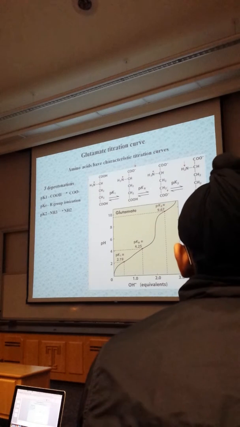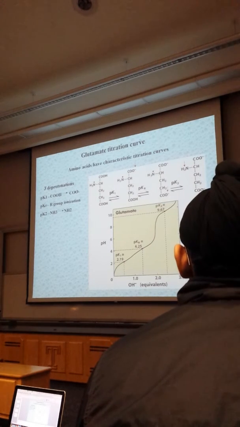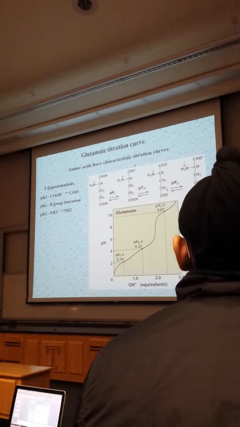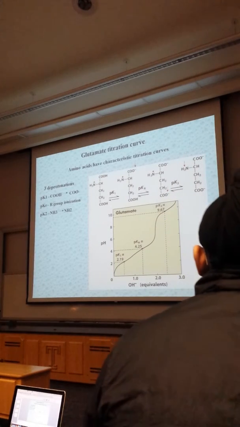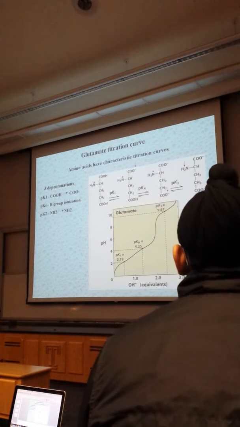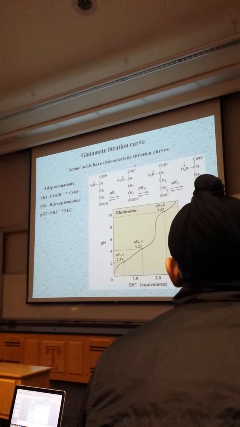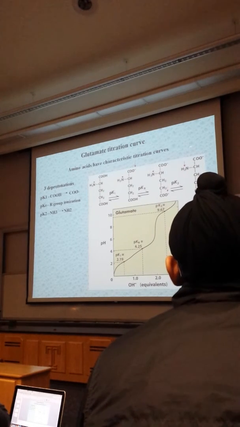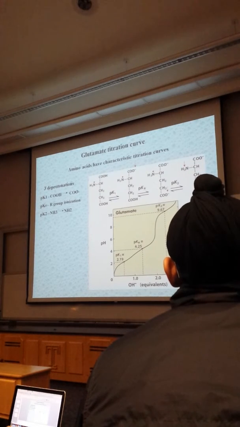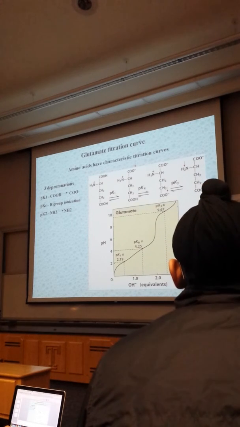That's called its pKR. A pKR is where you have an amino acid that has an R group that can undergo ionization, and lose its hydrogen to the environment. And then finally, glutamate can lose its hydrogen from its amino group to become completely ionized only on its carboxylic acids, shown here.